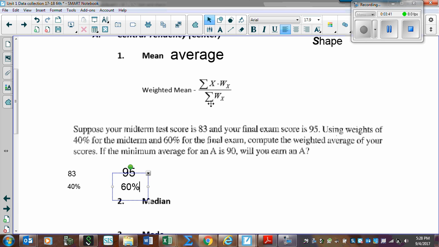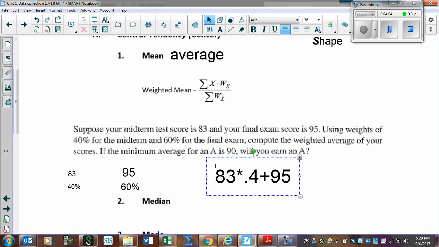You could do it. So for this, in order to calculate my overall grade, I would do my score of 83 times that 40%, and I would add, it's the sum of these, my 95, which is my x, my score, times 60%, or 0.6.